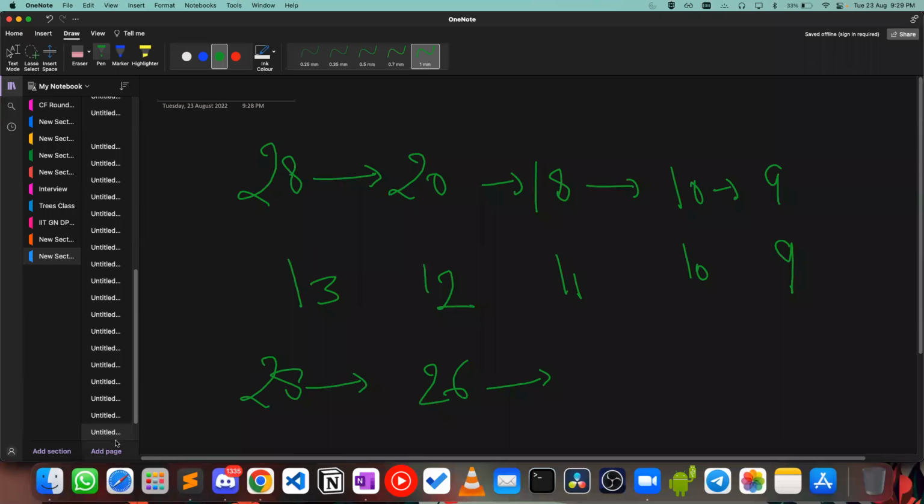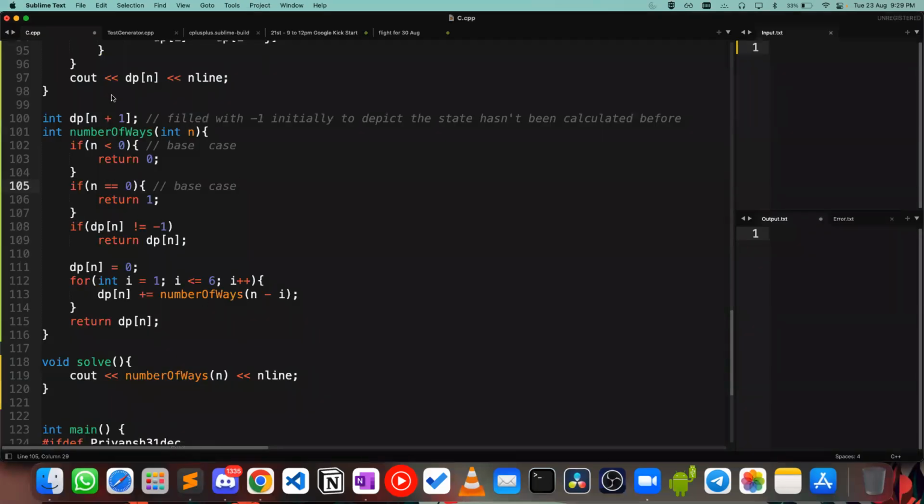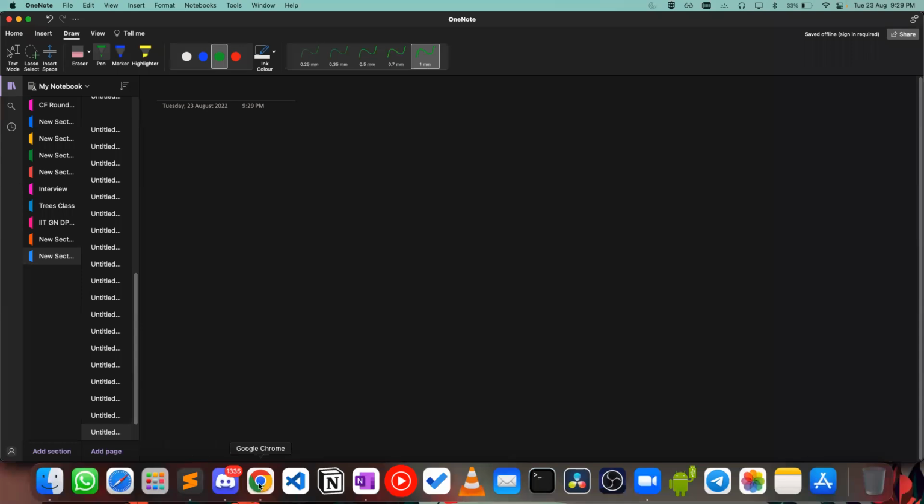Yeah, let's think of a case here. That's a good question. Why will greedy not work? So for a 1-digit number, this should be like, okay, how about we actually code it up and submit it? Because that will give us a wrong answer, right?